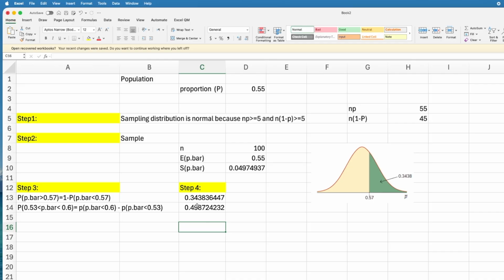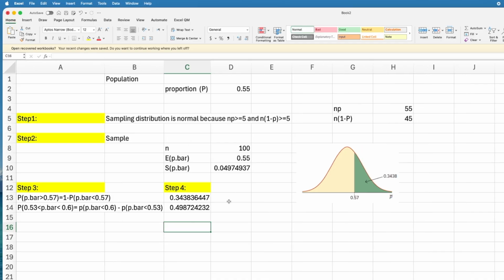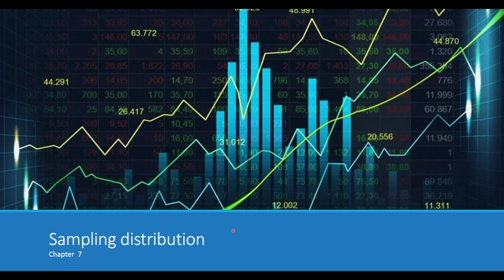So there is a 49% chance that between 53 and 60% of the companies in our 100 companies will experience a cyber attack. I hope now you can understand the concept of the sampling distribution and how to tackle these problems in Excel.